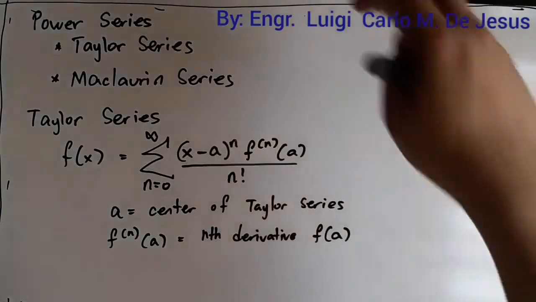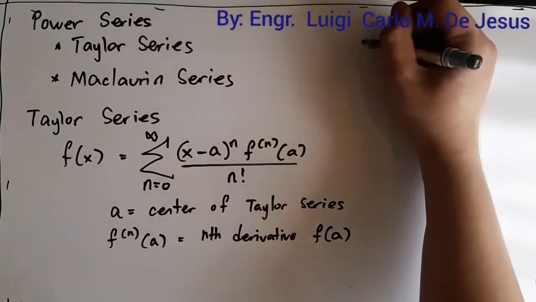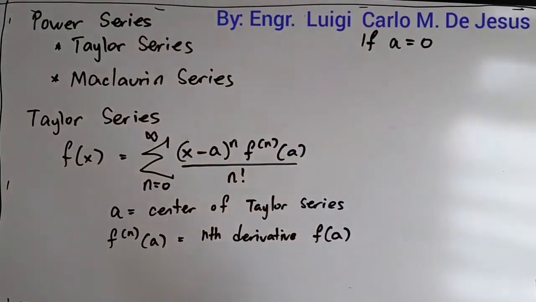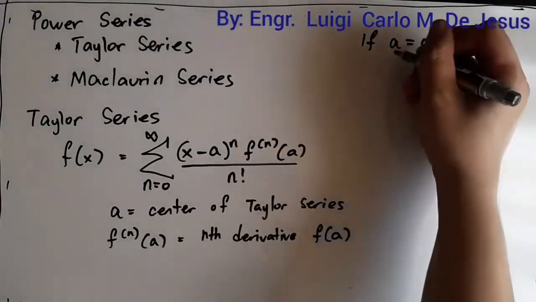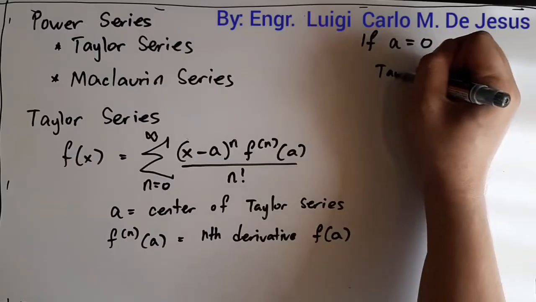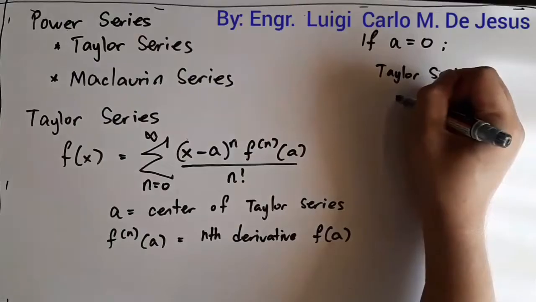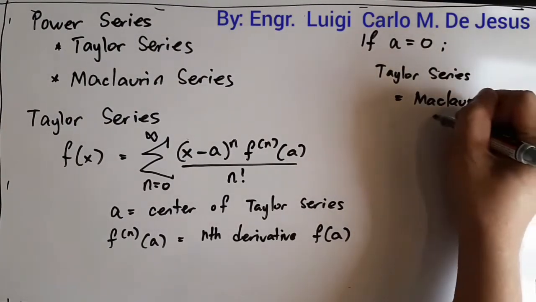Now, before we go to the shortcut of the Maclaurin, or rather Taylor series, we all know, according to the definition, if a is equal to 0, or the center of the Taylor series is equal to 0, we could say that the Taylor series is equal to the Maclaurin series.